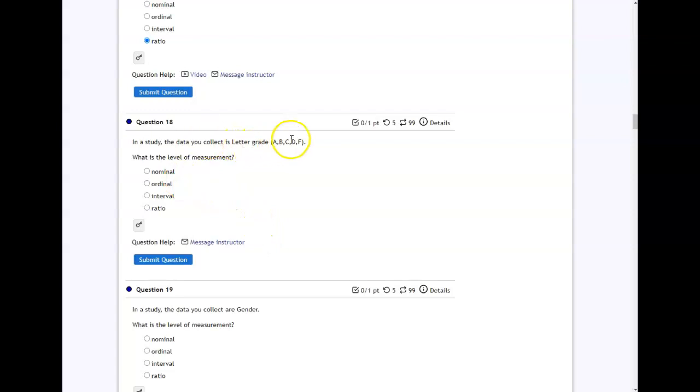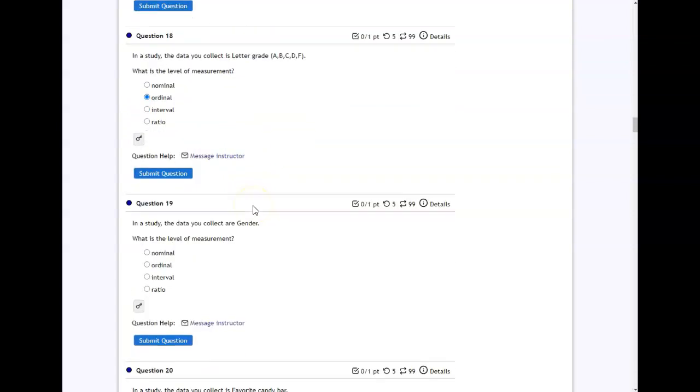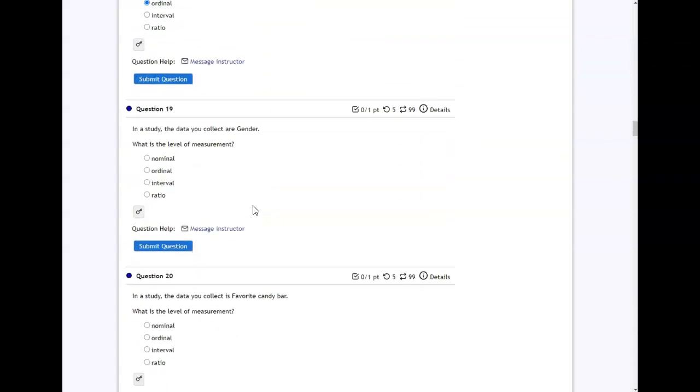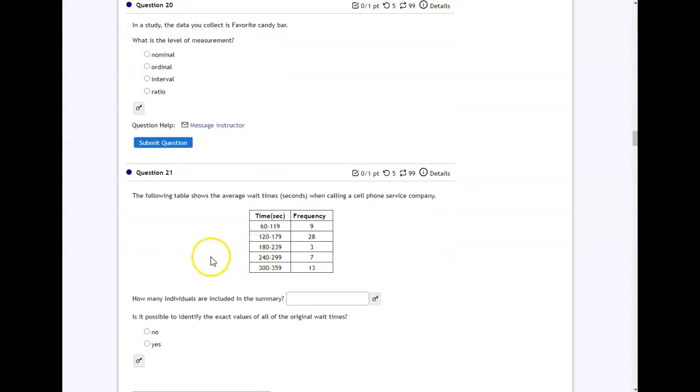On this one, letter grades, A, B, C, D, F, I can put them in order from worst to greatest, but I can't meaningfully subtract them. So that would be ordinal, where I can put it in order but can't subtract. Gender is going to be nominal. They're just labels. I can't subtract male from female, so that's not going to give you any meaningful way to subtract anything. So again, practice these, do similar questions.